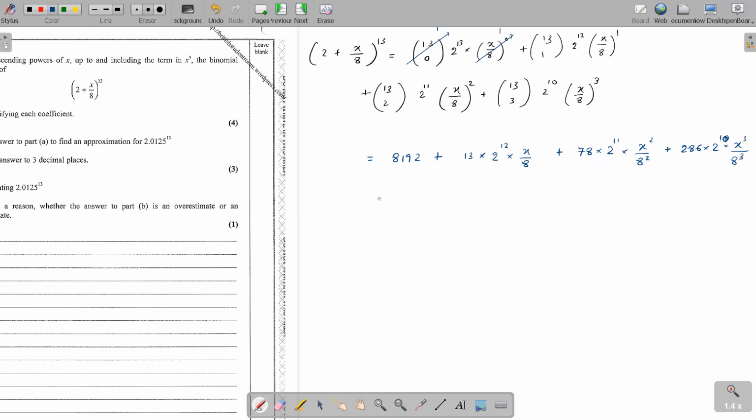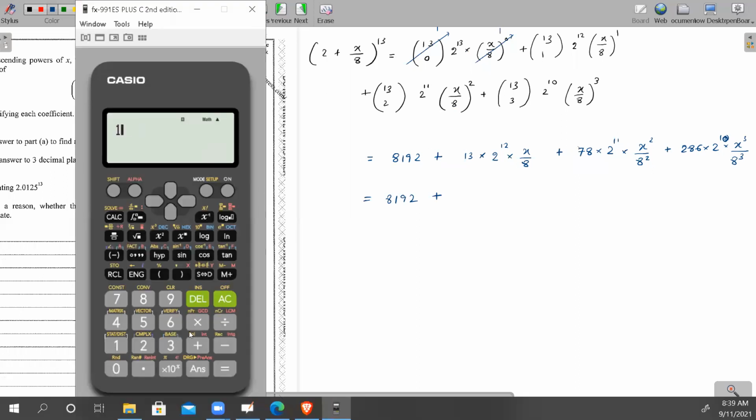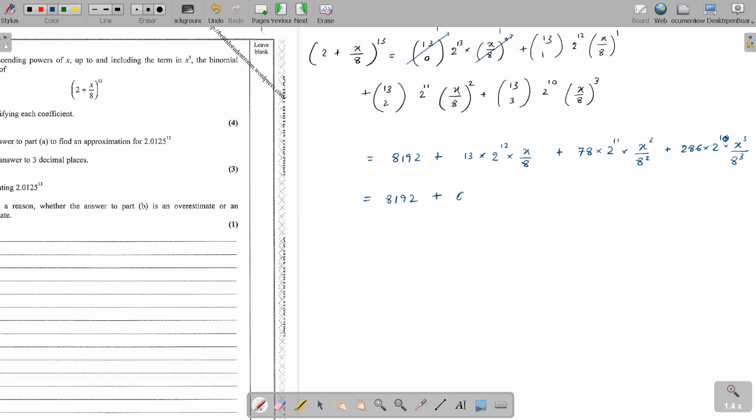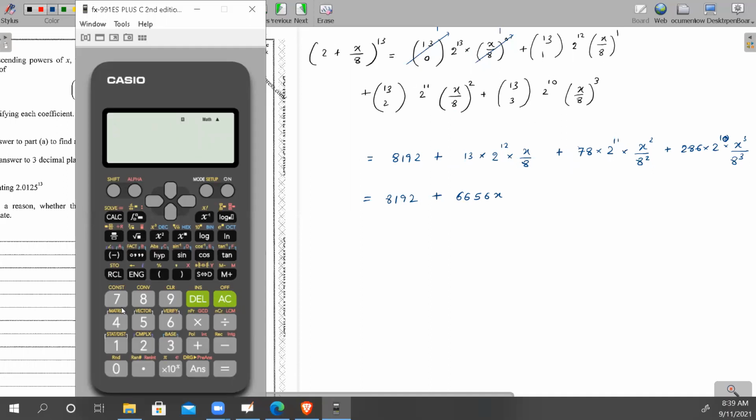Okay, so it's time to simplify this now. 8192 plus, so giving this in the calculator, I have here 13 into 2 to the power 12 into x over 8, so that's 1 over 8, which gives me 6656 x. Don't forget x. Okay, so the next term, that's going to be 78 into 2 to the power 11 into 1 over 8 square.